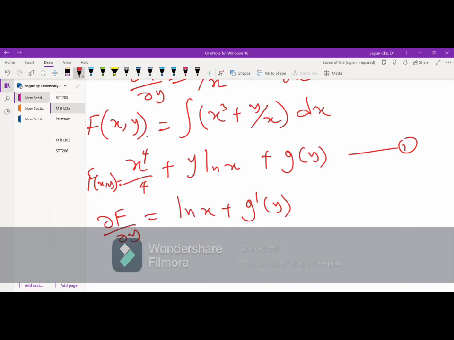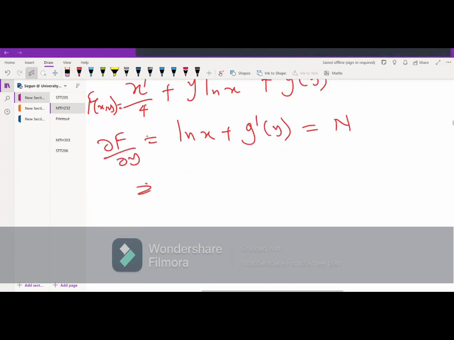Everything equals to what? Equals to ln x, because any time you are differentiating with respect to y.